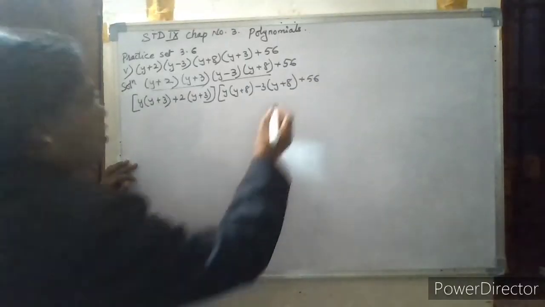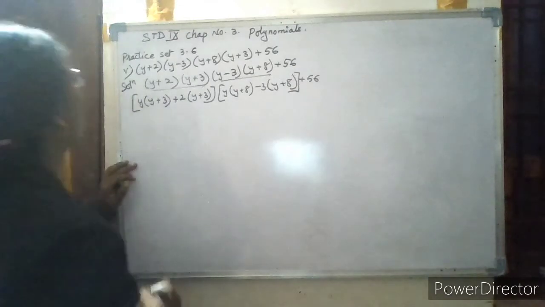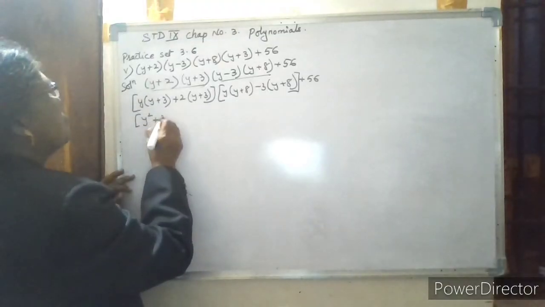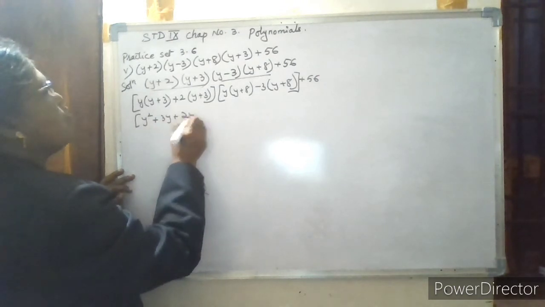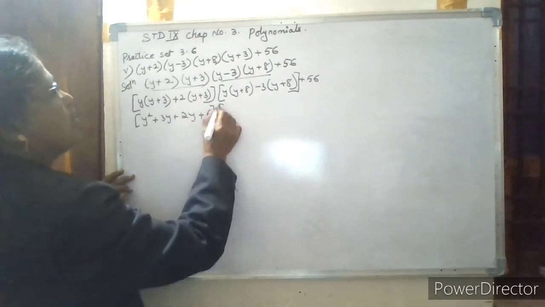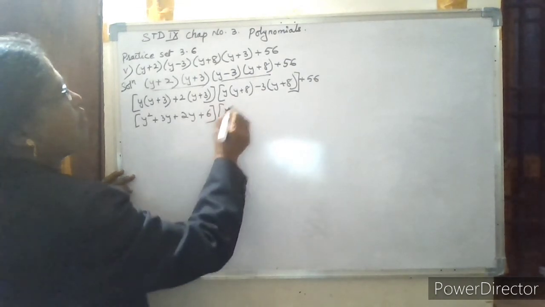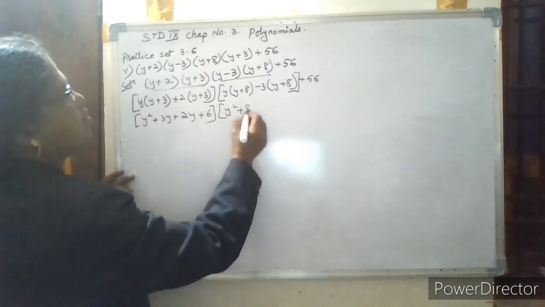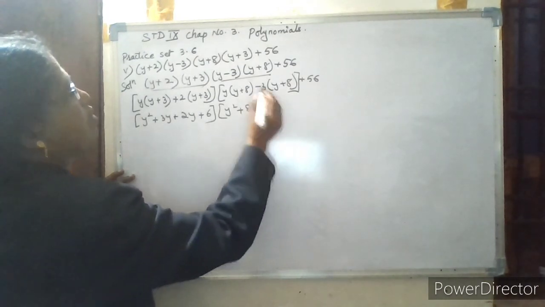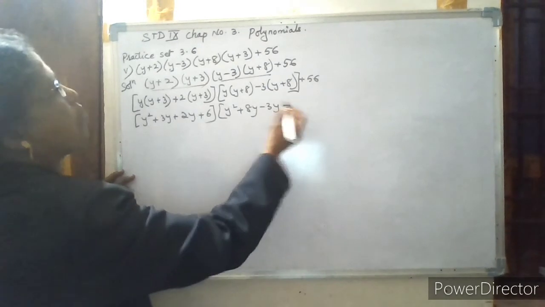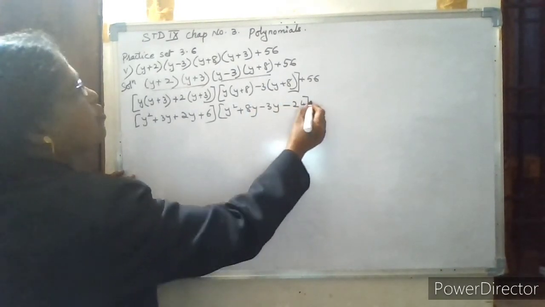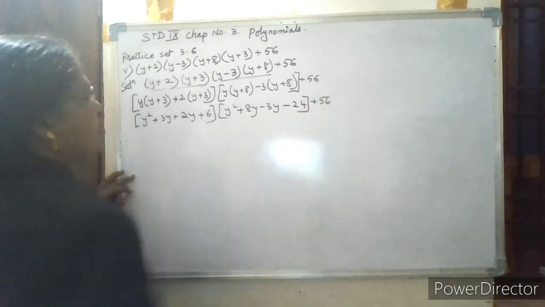Now this is y into y squared plus 3y, then plus 2y and plus 2 times 3 is 6. In this form we get it. Into here again y into y squared plus 8y, then minus into plus is minus 3y, and minus into plus, minus 3 times 8 is 24. We get it in this form, plus 56 as it is.